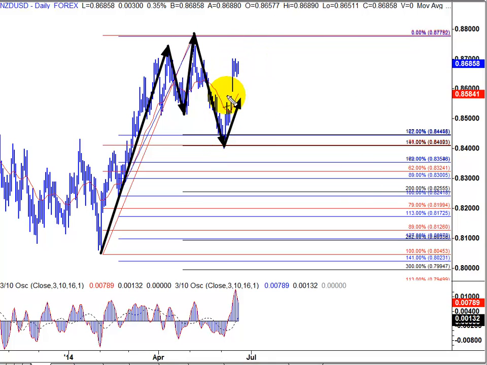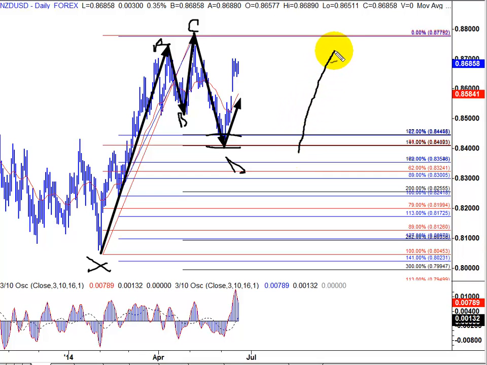The difference between this and one we did recently is your X, A, B, C, D. In this case, your C goes above A and your D comes below B. And again, you're looking at clusters. It's all the same in terms of how you look at your clusters.